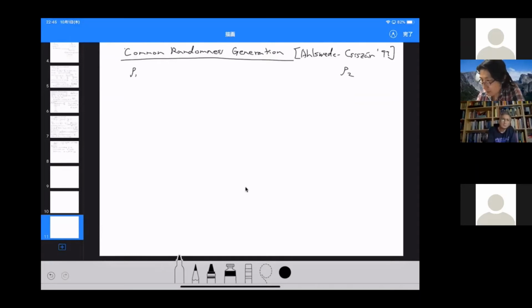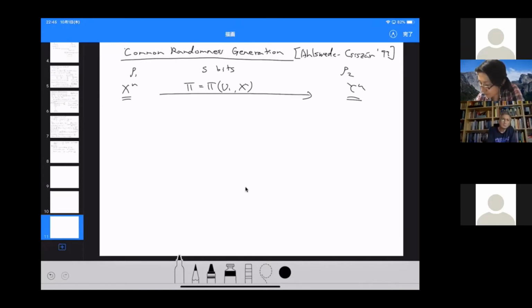We have P1, P2, and they observe Xn and Yn. And in this problem, there is no input A and B. They only observe Xn and Yn. And instead of computing the equality function, they want to generate common randomness. For that purpose, P1 sends some message, pi, computed from his private randomness and Xn to P2. So this is S bits.